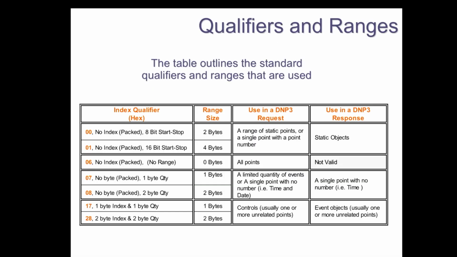Okay, so remember I said I was going to show you a shortcut that can be used from your breakout sheet. You'll find this table on your breakout sheet. And just like we had the data link control byte table to summarize the meanings of qualifiers, it's the same idea with this table.